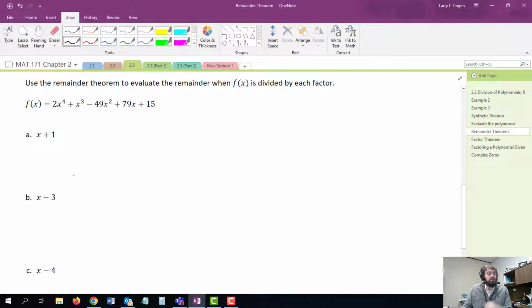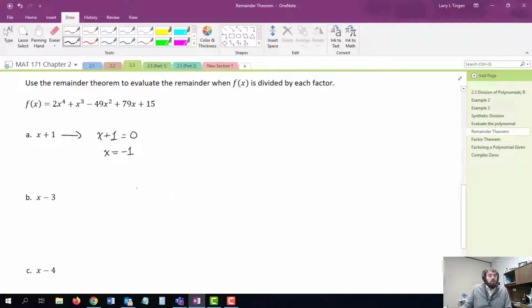So we're going to take this to synthetic. So for all of these, let's see what actually goes in the box. If I'm dividing by x plus 1, what I'm doing is I'm checking, is -1 a 0 of the function f of x?